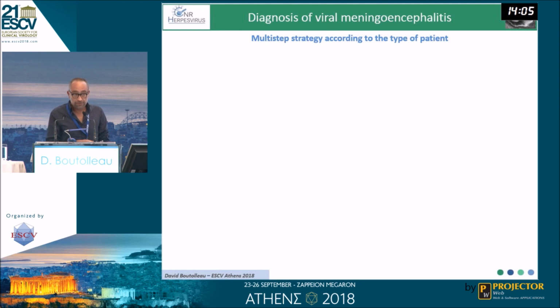According to these different studies and the French guidelines, it seems logical or reasonable to have a multi-step strategy for the diagnosis of viral meningoencephalitis, especially according to the type of patients.